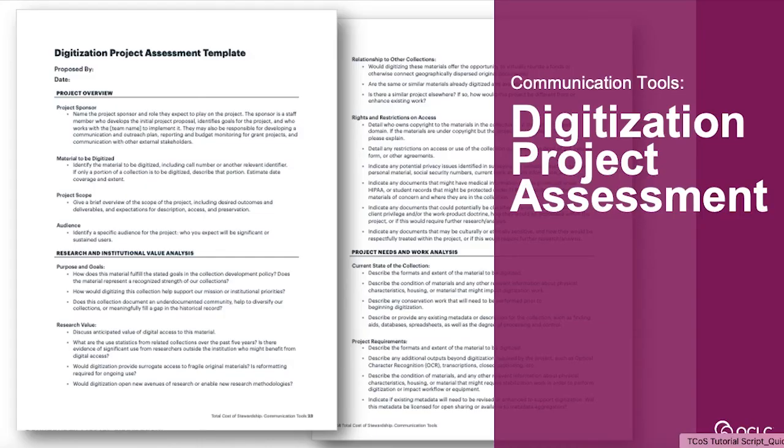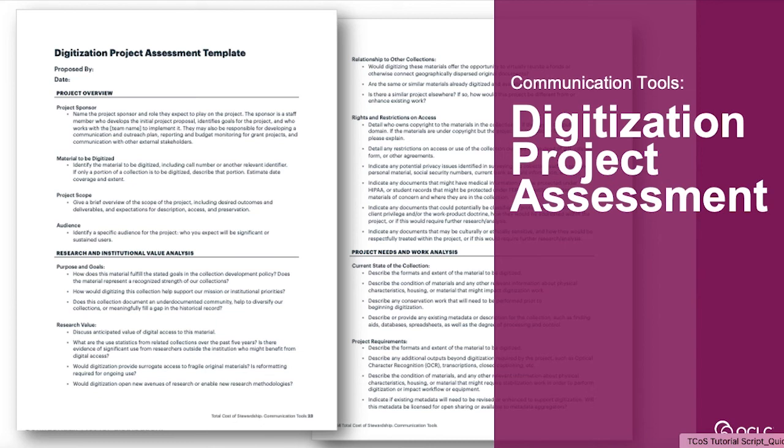And last but not least, we have our digitization project assessment, which also supports the make decisions together element of the framework. It is a document that assesses the viability of a proposed digitization project. It can help develop and prioritize digitization projects, make sure that a project is aligned with institutional goals, and that all parties involved have a shared sense of the scope and purpose of the work and understand the resources required for success.